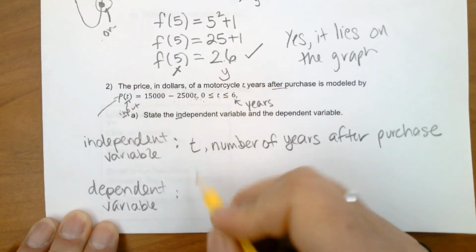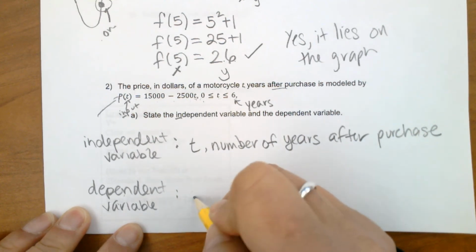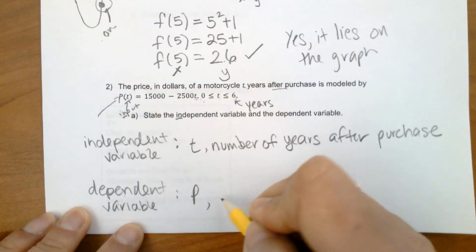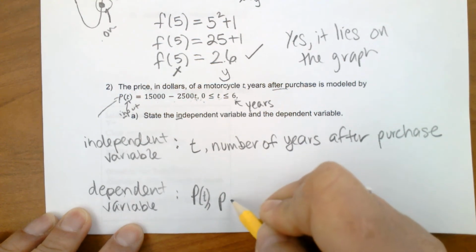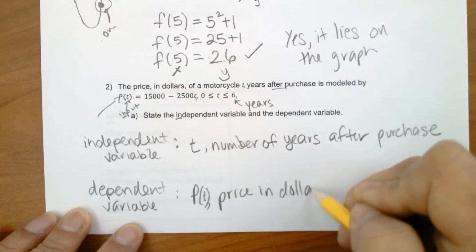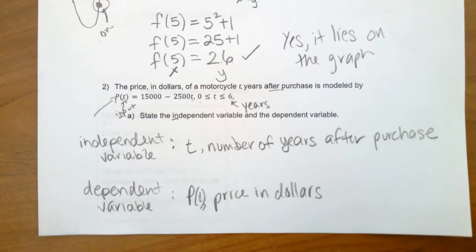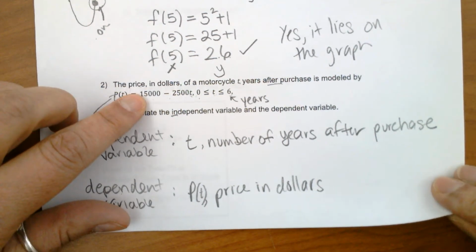P is the price in dollars after it was purchased. We can even write P of T here, I like using that. Price in dollars. That's it. Now we're going to be using this for our next one.